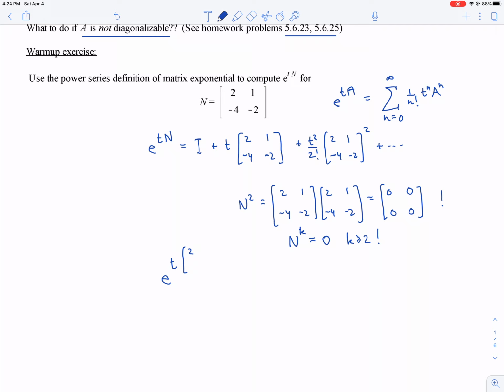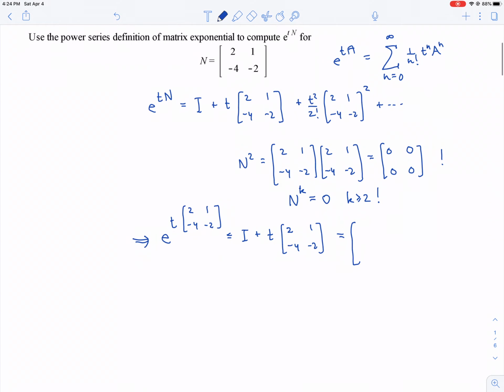times N, so that's the matrix [2, 1; -4, -2], is just the first two terms. It's the identity plus t times [2, 1; -4, -2]. And I can write that by just computing each entry.